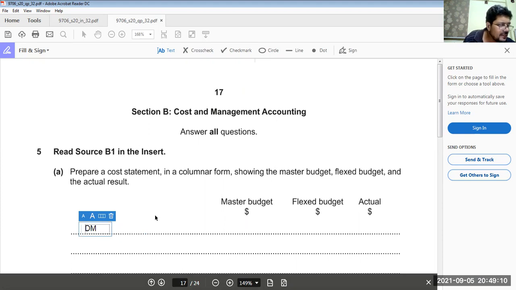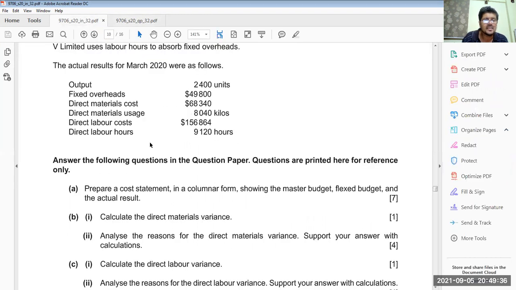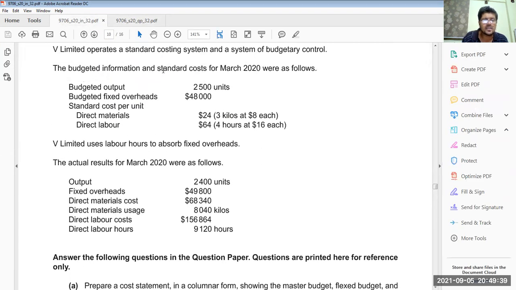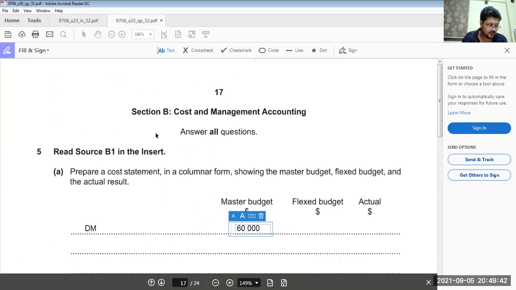Direct material cost in the master budget is going to be 60,000. How? Because they have to produce 2,500 units multiplied by the material information, which is $24 per unit. So 2,500 units multiplied by $24, the standard rate, and we get the master budget over here. So what about flex budget?